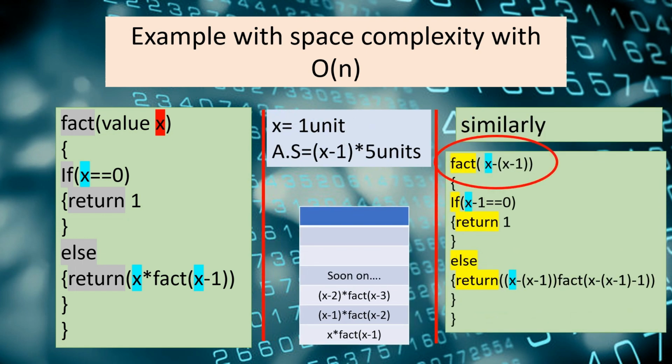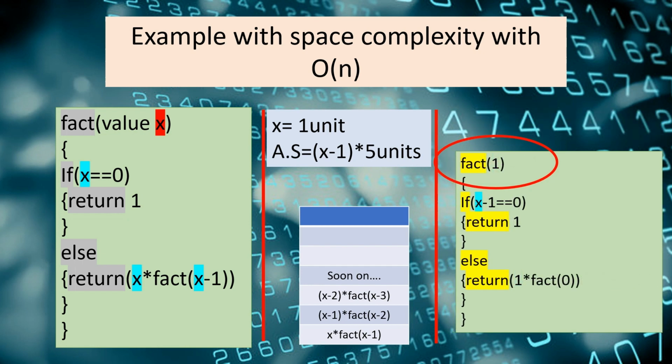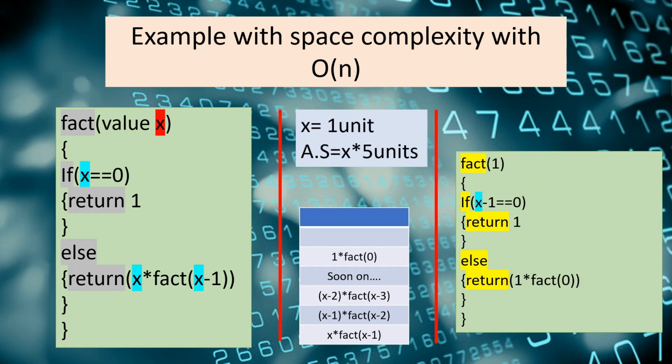By repeating the process similarly, we would reach a case where we call factorial of x minus 1, which can simply be written as factorial of 1. At this point, the return will be calling 1 into factorial of 0. So now, we would be storing 1 into factorial of 0 in the stack and calling factorial of 0.